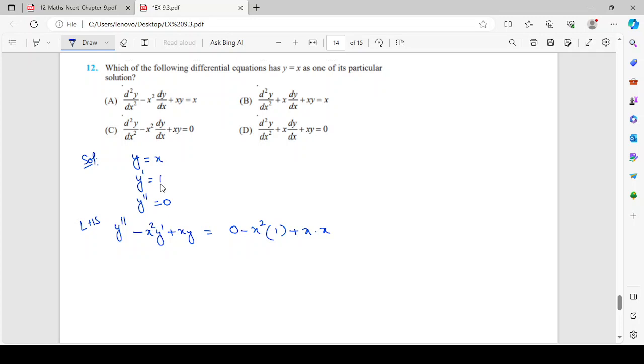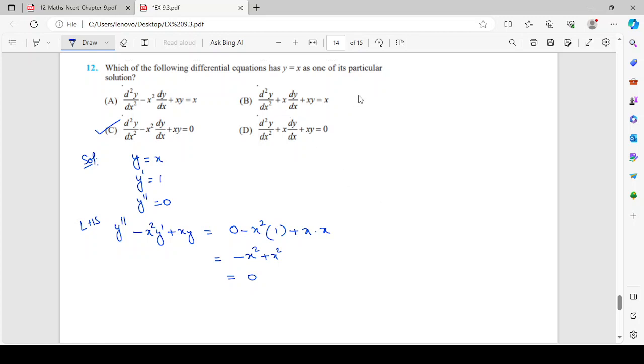Minus x square into y dash, which is 1, plus x into y, which is x. So minus x square plus x square, which is equal to 0. So the right hand side is x, which is not correct, right? But here, can you see the same LHS part is there? The right hand side we got as 0. So option C will be the right.